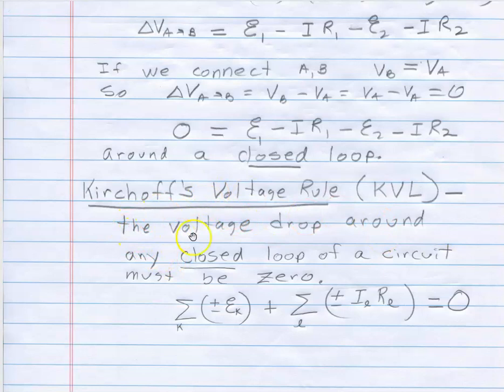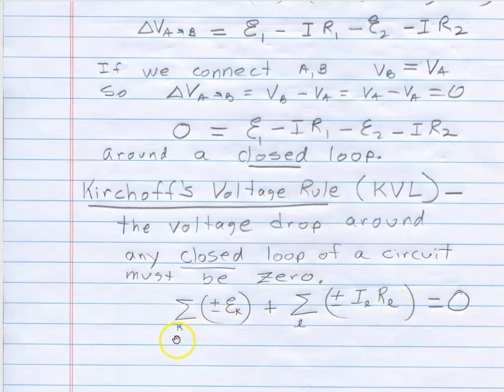But the statement of it: the voltage drop around any closed circuit loop, so a complete loop that's closed of a circuit, must be 0. So if you sum around any of these circuits, it has to sum to 0.